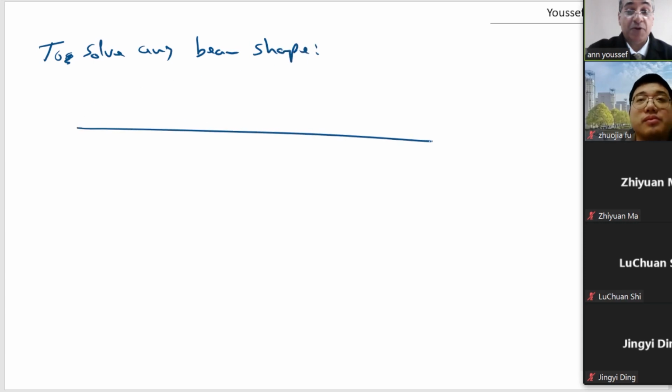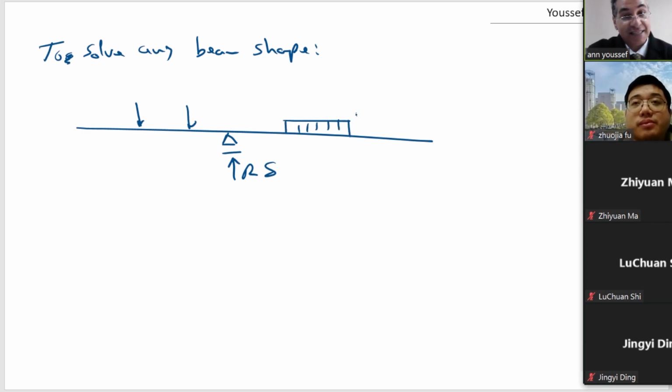For example, if this is a beam, you will have the concentrated force. You will put the concentrated force using Dirac delta. The support, you will put the support using an unknown times the Dirac delta. For distributed load, you can generate distributed load like this using the Heaviside function, using the sine function, something minus something.